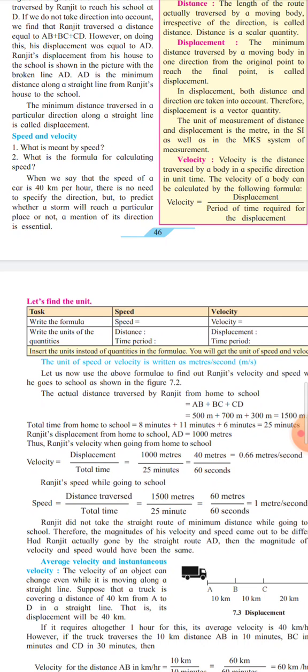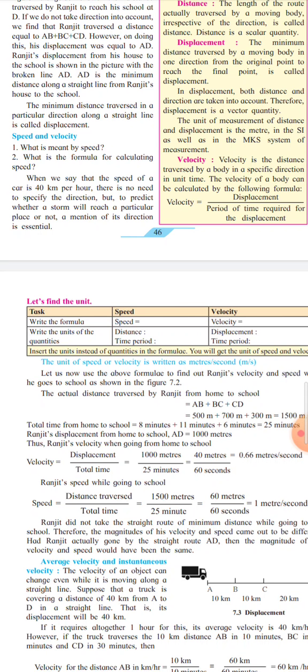So Ranjit has not followed a straight path, therefore the magnitudes of his velocity and speed come out to be different. Had Ranjit actually gone by the straight route AD, then the magnitude of his velocity and speed would have been the same. In the first example he has gone zigzag, and in the second example he has gone straight, hence the magnitudes of velocity and speed come different.